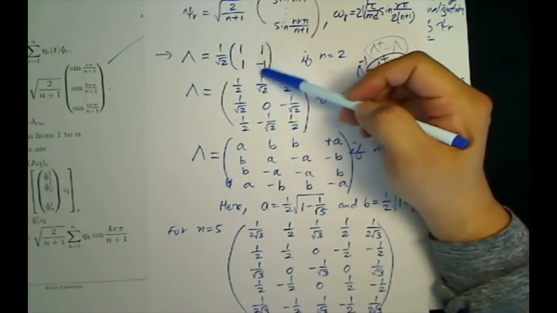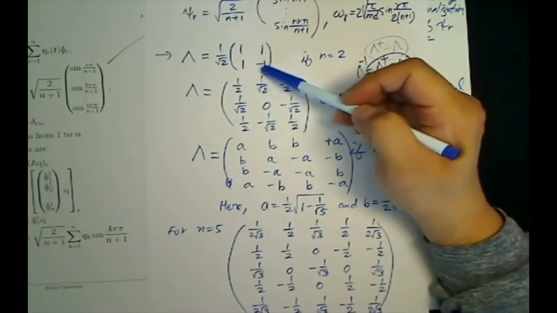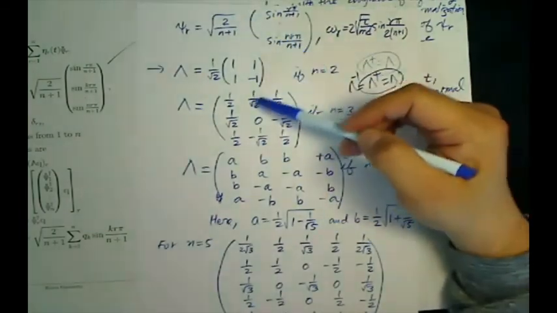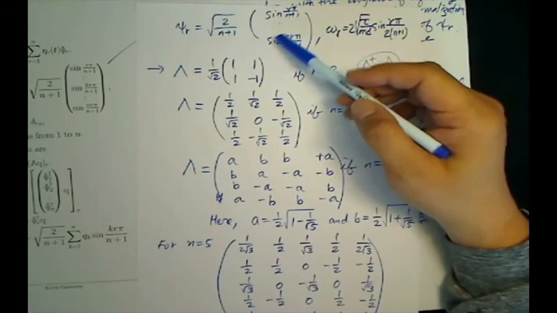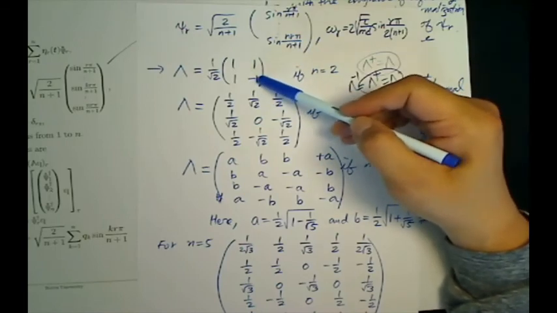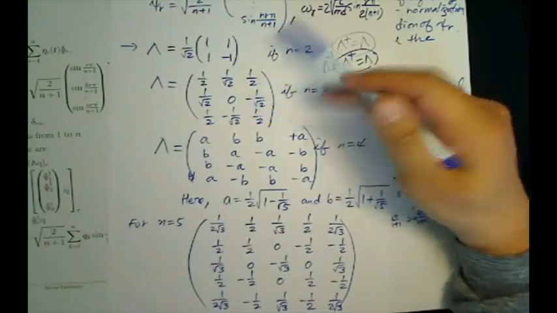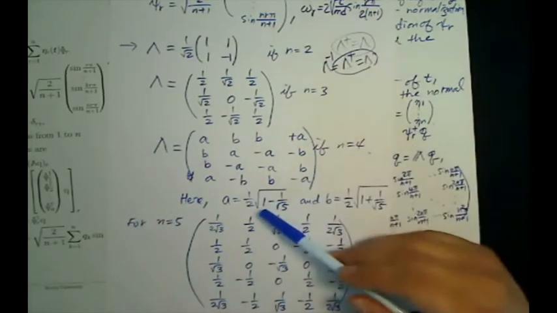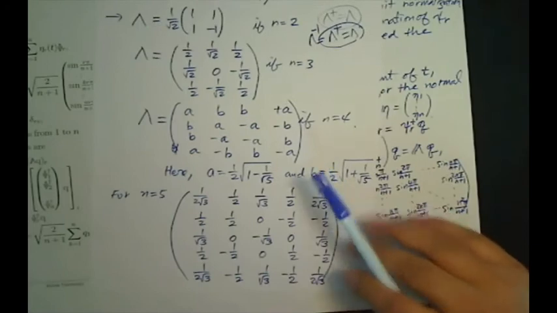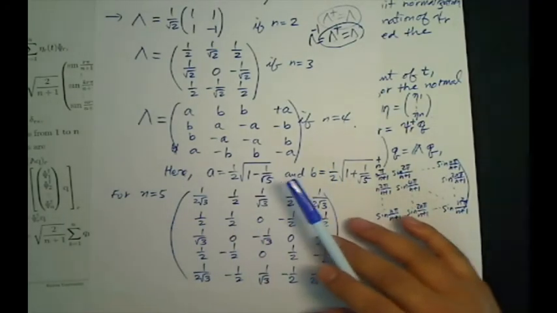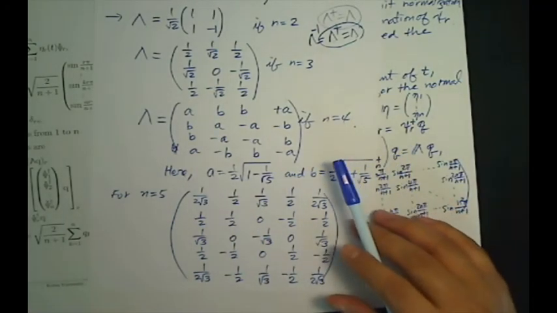each column or each row represents the eigenvectors. The explicit form in numerical values for this analytic expression is represented here. There is the 3x3 case and the 4x4 case, where A is this and B is this, and even 5, using an automatic calculator.